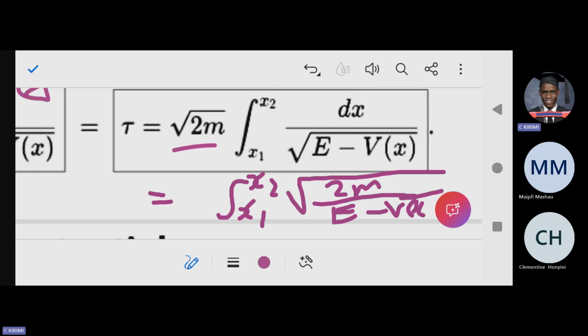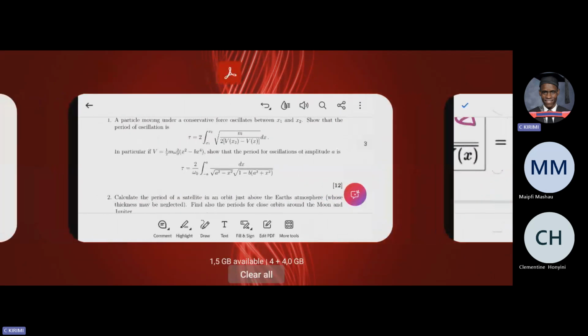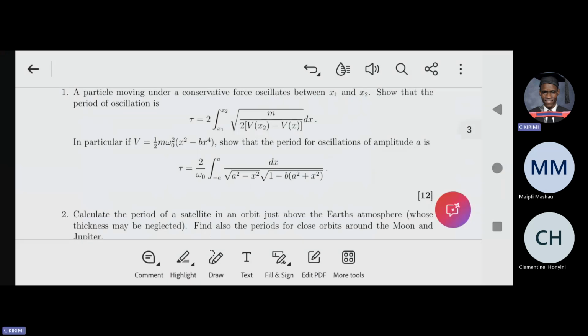I multiply the numerator and the denominator times what? So that it looks like this. I have 2m over that. That is what I'm having.